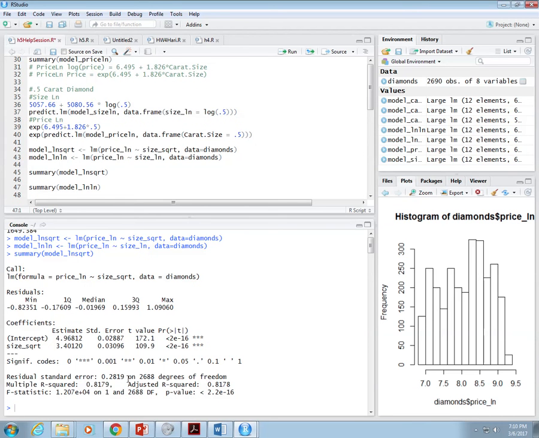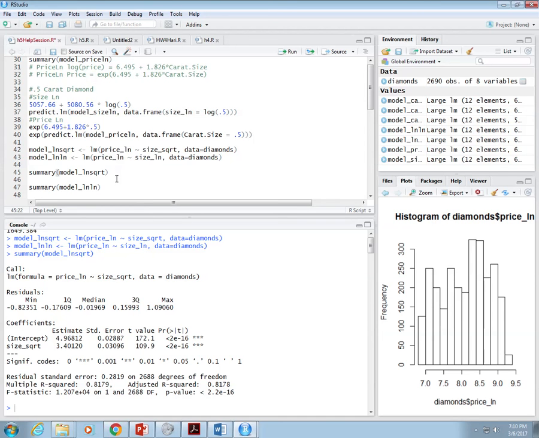For log square root, we see that for each square root of a carat, we increase the log of the price 3.4. So it's starting to be so out there that you can't really make sense of it by just looking at these things, but you can tell that it's still increasing with diamonds.